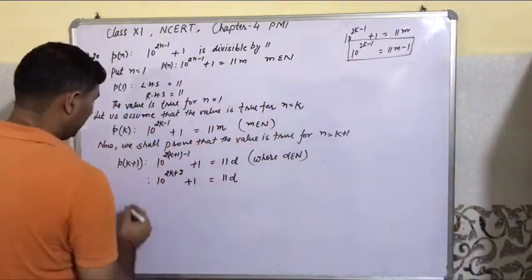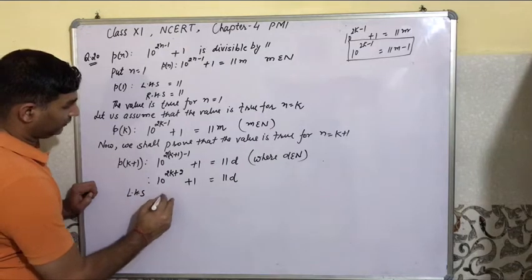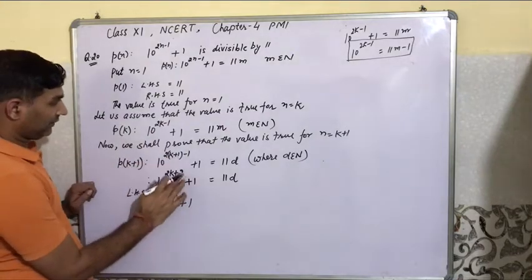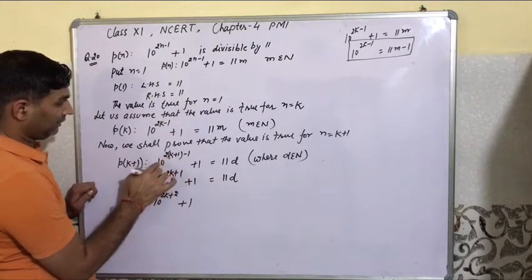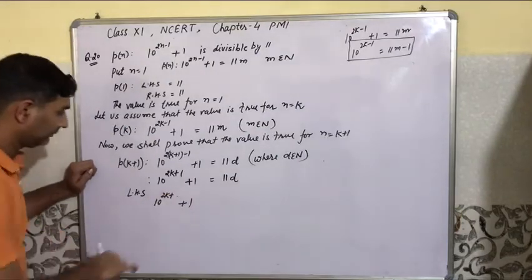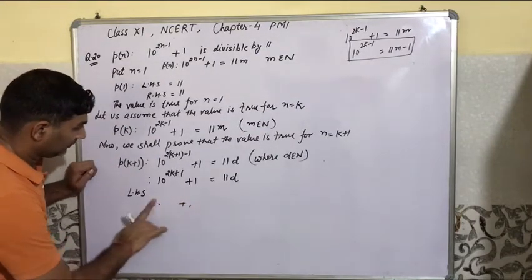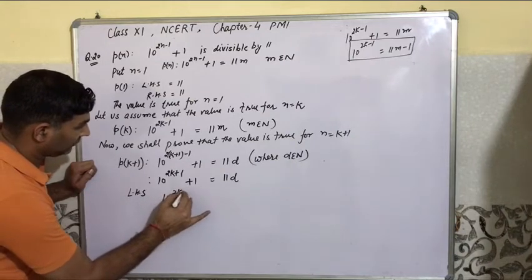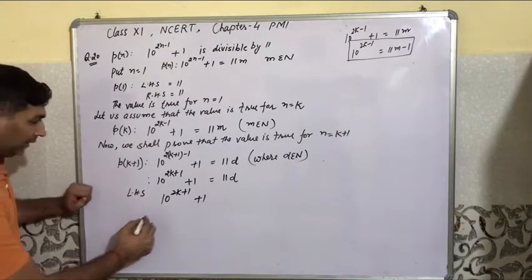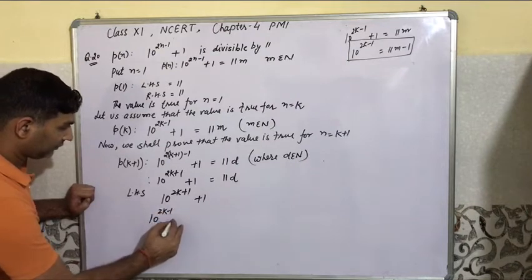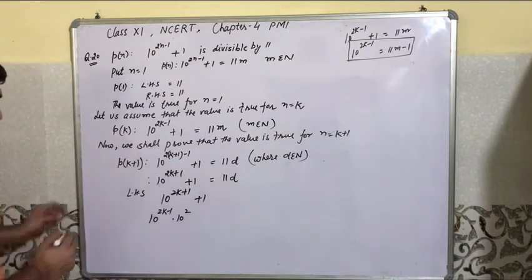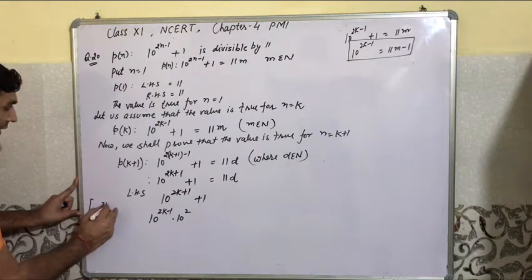Use this in the left hand side. The left hand side is 10 raised to power 2k plus 2 minus 1, that is 2k plus 1, plus 1. I can write it like this: 10 raised to power 2k plus 1 plus 1, this is our left hand side. From this we can write 10 raised to power 2k minus 1 into 10 raised to power 2, because the base is the same and the powers add, so we get 10 raised to power 2k plus 1.